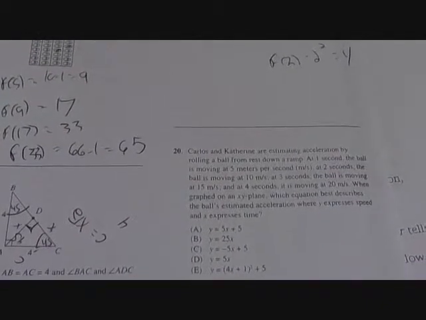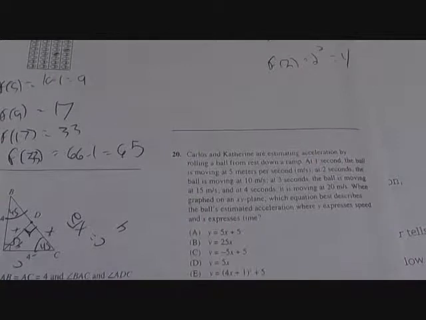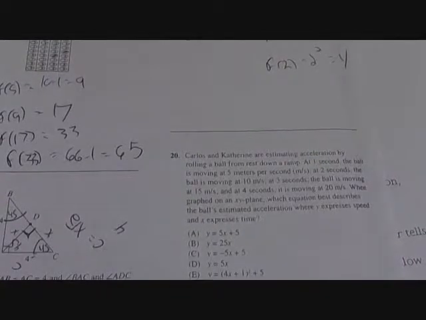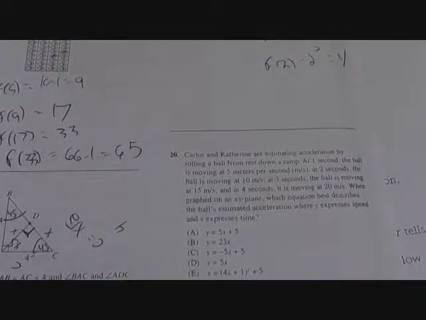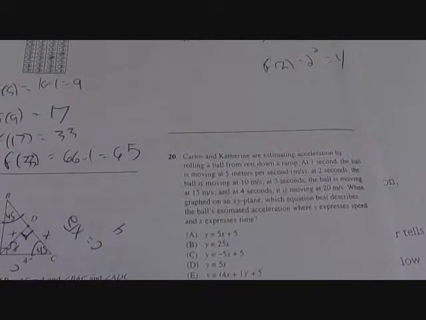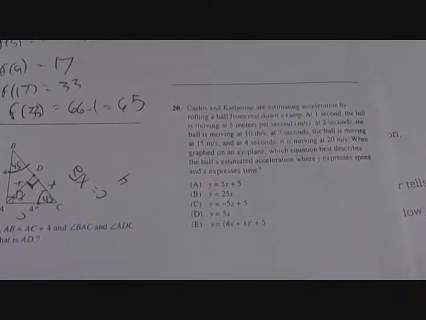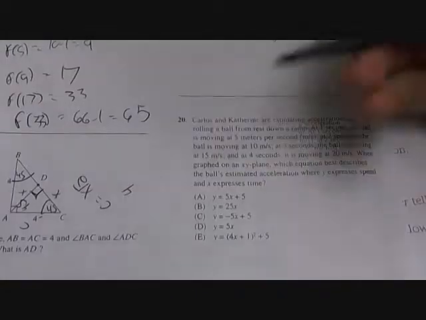Carlos and Catherine are estimating acceleration by rolling a ball from rest down a ramp. At 1 second, the ball is moving at 5 meters per second. At 2 seconds, 10. 3 is 15. 4 is 20. Which equation best describes the line from the graph? Okay, so we don't have to graph this. That'll take too much time. So this is when you just plug the numbers into one of these equations.